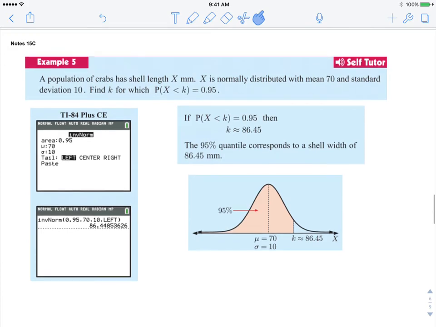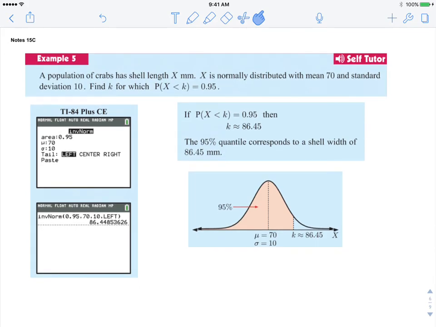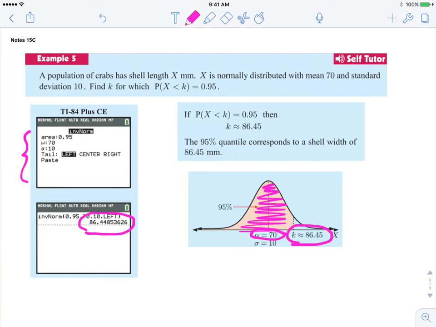So here's another example showing that graphically. So here is your mean. Here's that area under the curve. We entered it into our calculator. Here's our output, and that is that K value, 86.45.